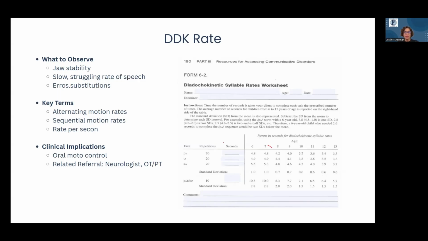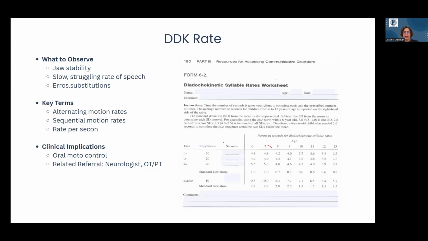Next, we're going to assess sequential motion rate, SMR, and that's when the client repeats pataka rapidly and repeatedly, pataka, pataka, pataka. If a child is doing it, you can ask them to say buttercup, buttercup, buttercup. It's the same thing. So you're observing smooth transitions between articulators, sequencing accuracy, stress patterns, groping, errors.